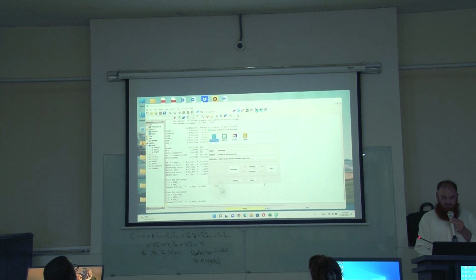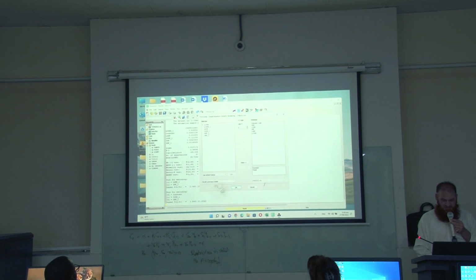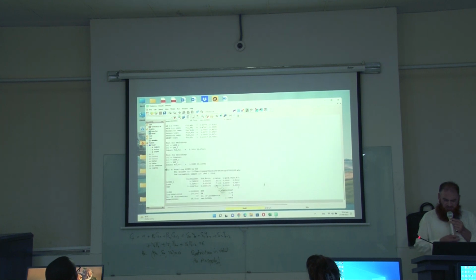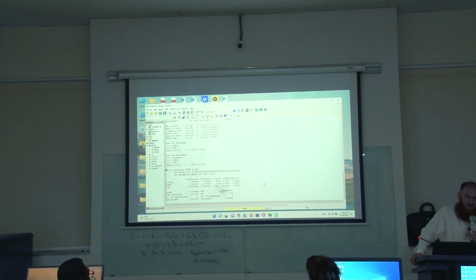Let me see what happens after this reduction. I am allowed to exclude constant and then LGDP minus 1 and then inflation minus 1. This is my remaining model, and in this model all of the parameters are significant, but there is no R square here.